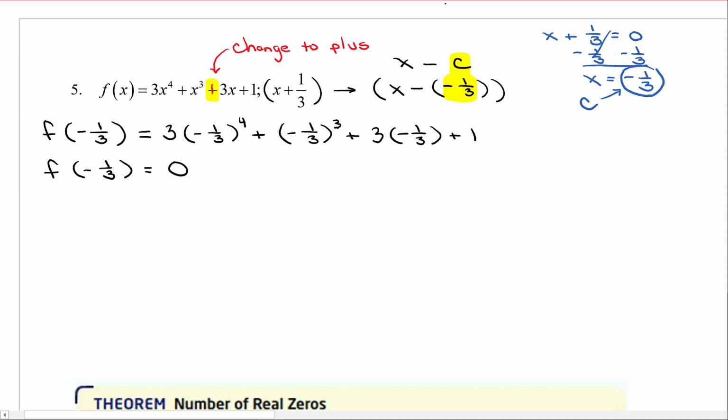So going back to our problem over here, now that I've worked it out and I'm positive that this negative 1/3 is a 0 and that x plus 1/3 is a factor, I can now go ahead and factor this out.